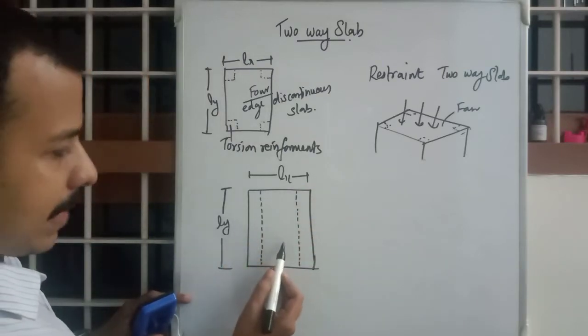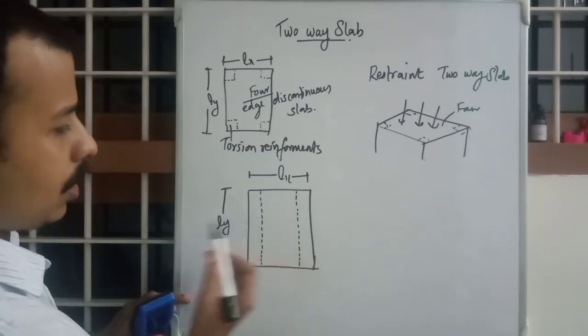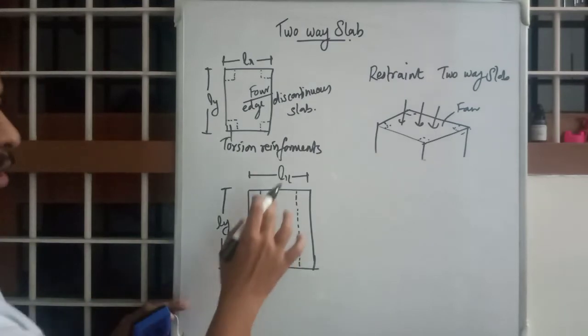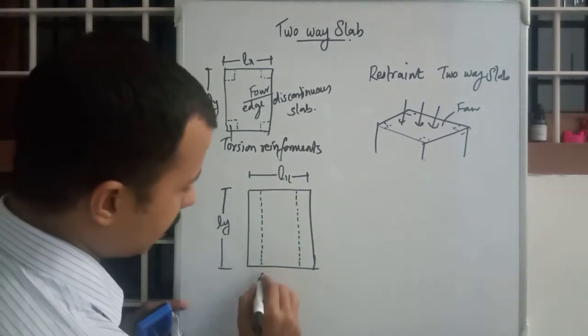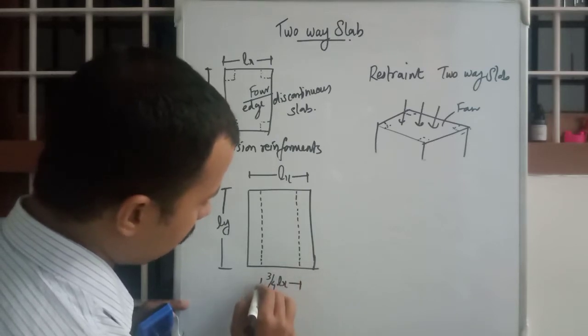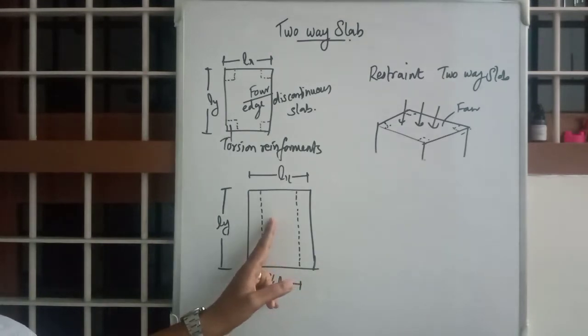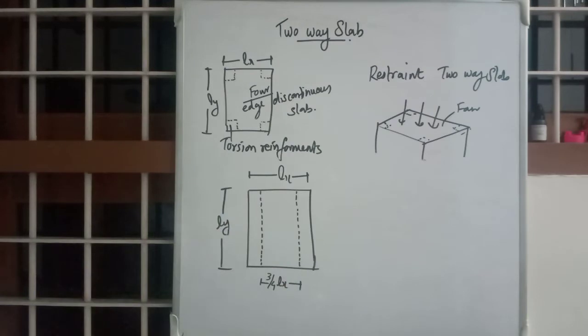One strip, second strip, middle strip and third strip: 2 edge strips and 1 middle strip. And the width of the middle strip will be 3 by 4 LX. This is the middle strip. The width will be 75% of the total shorter span, 3 by 4 LX.